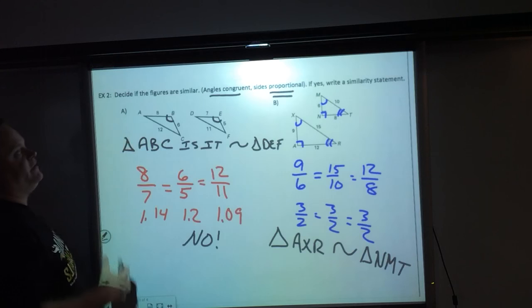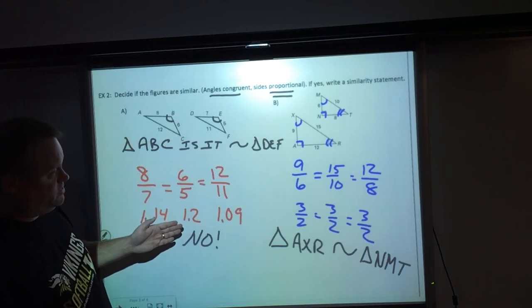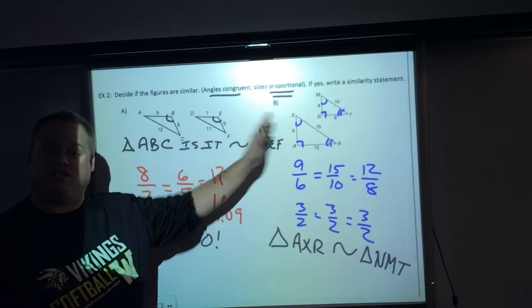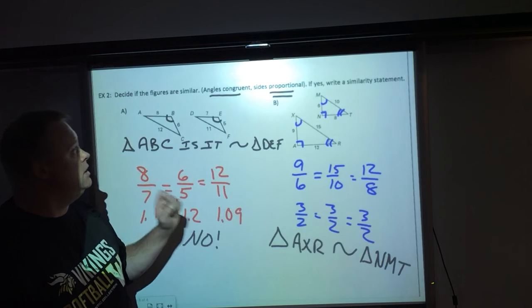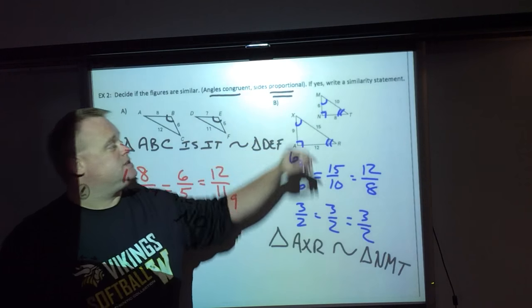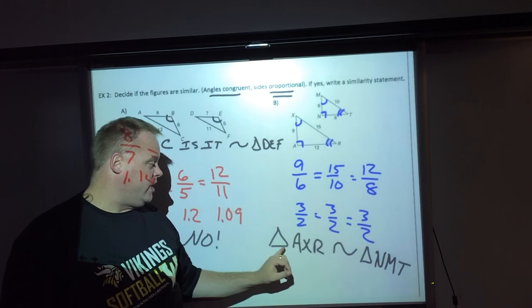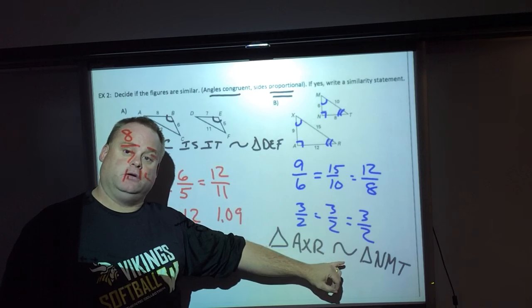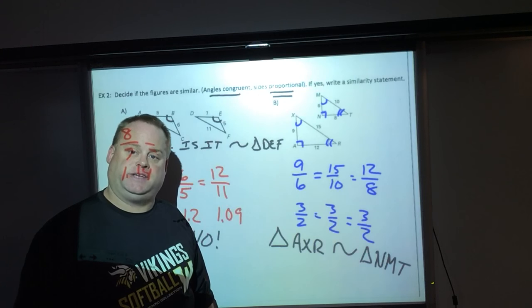So I've decided the figures are similar, decided the first one was not, decided the second one was, and we've proven both of those. And then if yes, write a similarity statement. We've done that. Triangle AXR is similar to triangle NMT.